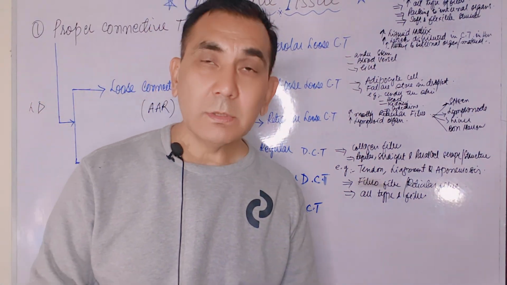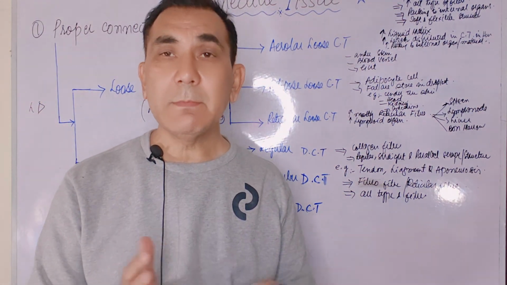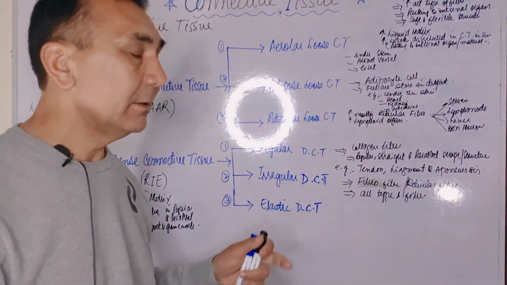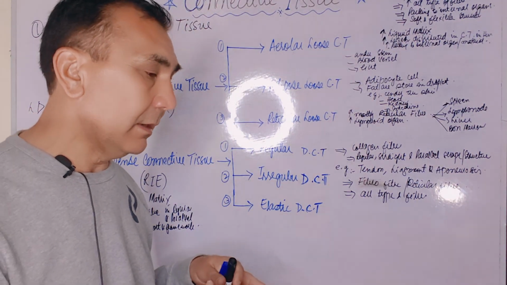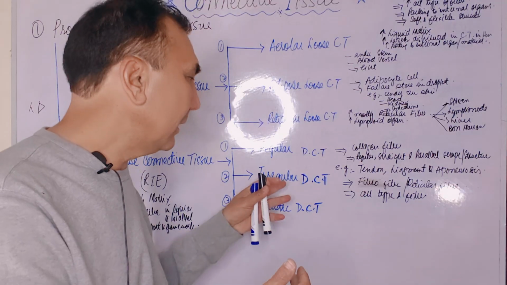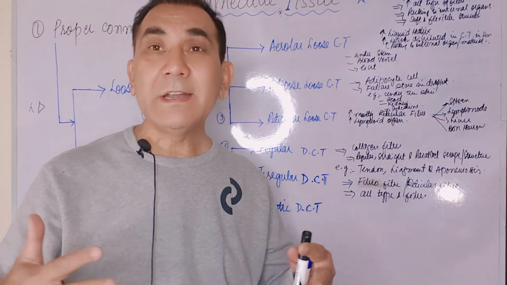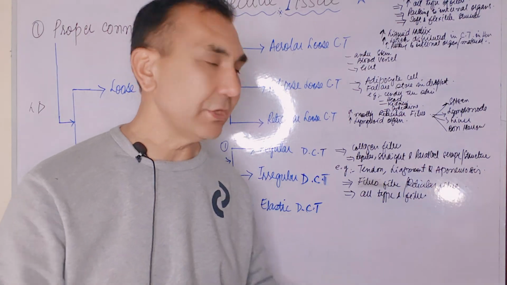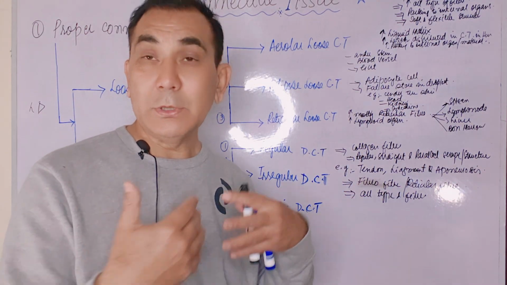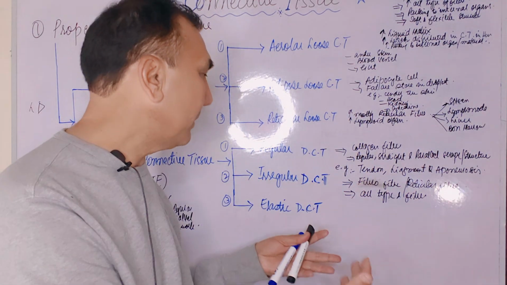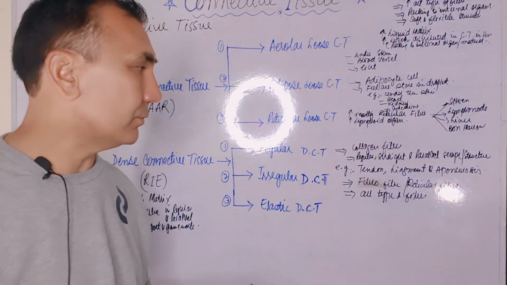Due to all three types of fibers making up the structure of the irregular dense connective tissues, it provides strength from all directions to the particular structure.